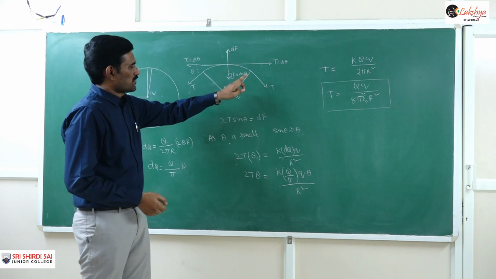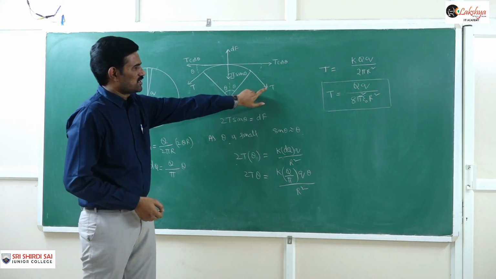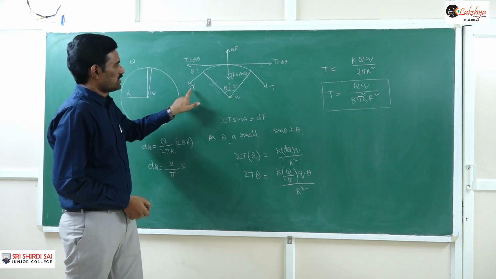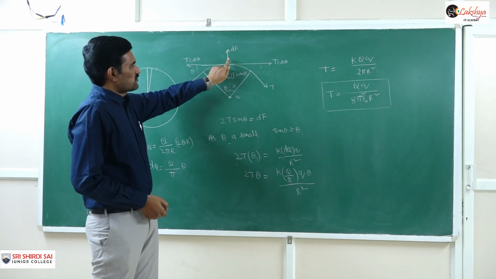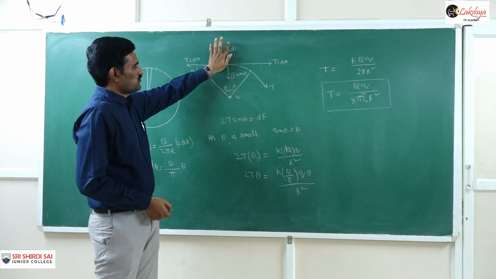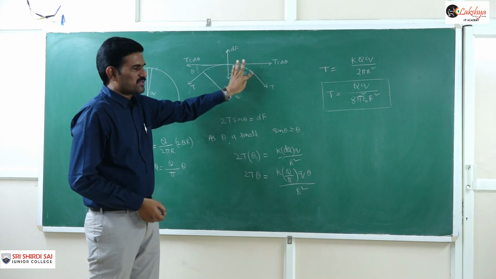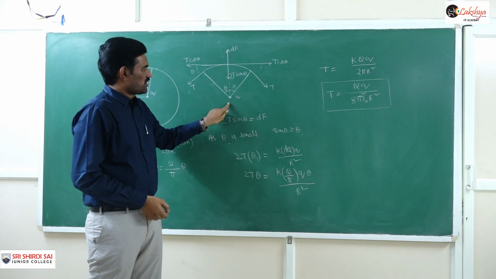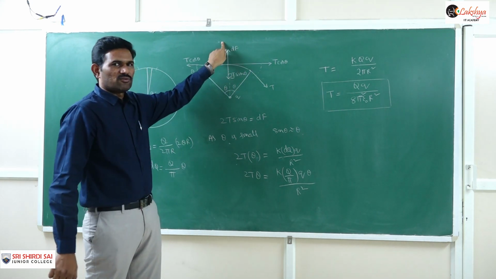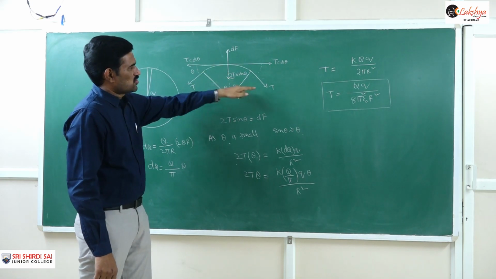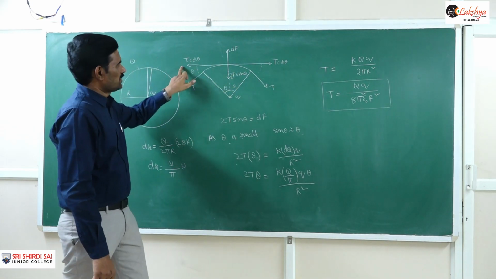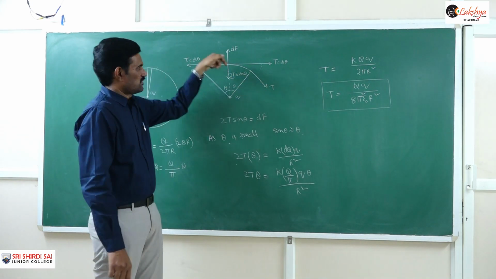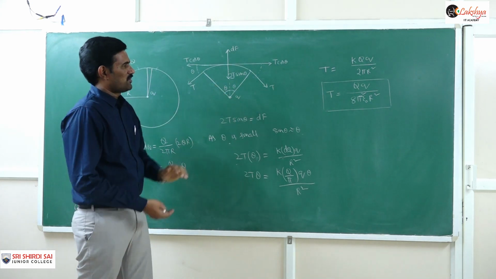Now we are taking this small element of the ring like this. Just here the tension in this ring will be acting, and next here we can balance these forces. Repulsive force dF will be there, repulsive force between the charge present on this element and this point charge. That repulsive force dF will be along this direction, and tension components will be resolved here. Then these two components will cancel with each other. Then 2T sin theta will be in the downward direction.